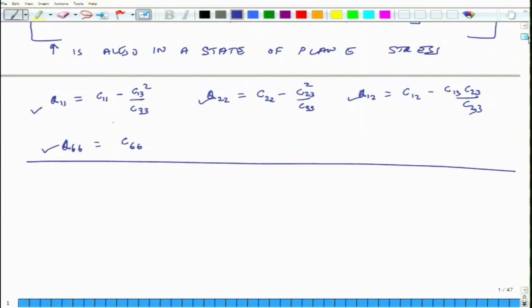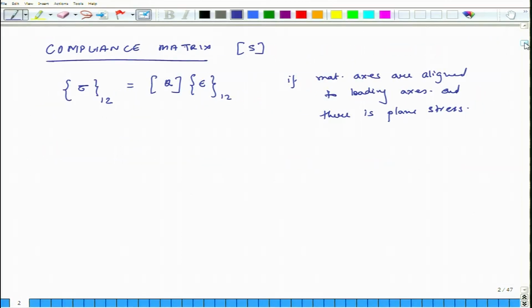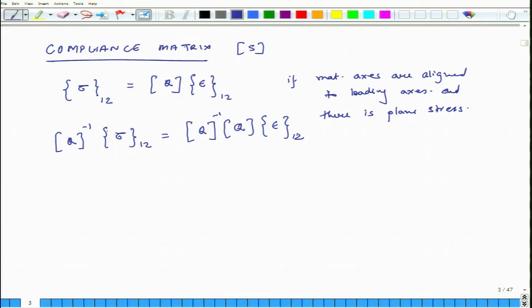Okay. So, now if I multiply both sides by inverse of Q, then what I get is, so what I have done is I have multiplied both sides by inverse of Q, and Q inverse times Q is an identity matrix, unity matrix.